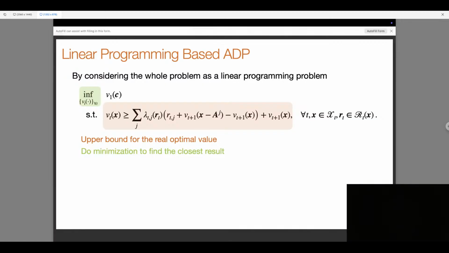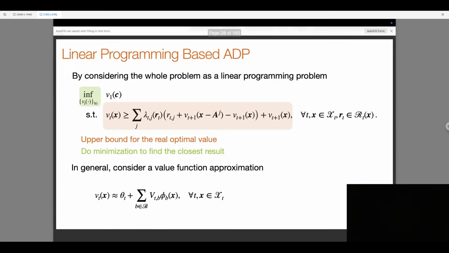And in general, this remains hard to compute. So in the general ADP technique, we consider a value function approximation, that is to assume V_t(x) equals this affine function, where theta_t is a constant, the V_tb is a weight for each basis function, and phi_b(x) is the preselected basis function.